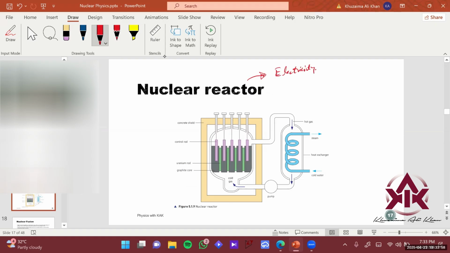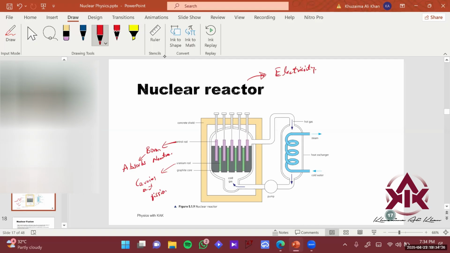So what happens over here, you can see we have some control rods, right? These are made up of boron. Boron is good at absorbing neutrons. And then we have a uranium rod here that carries out fission, which gets broken down into two equal parts, and so on.